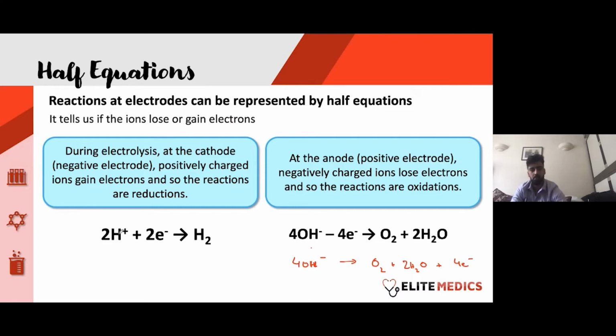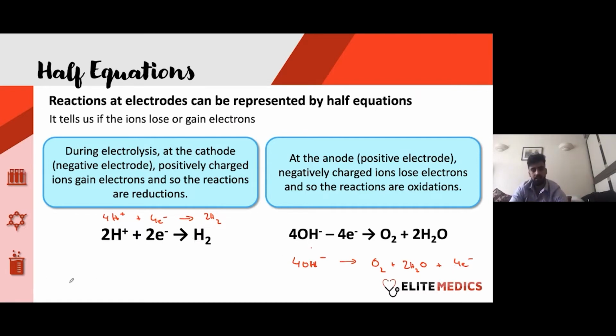So I need to double all of this. So I'd make this 4H+ + 4e- goes to 2H2. And then I can add this to this, because when I add these two together, the 4e- and the 4e- will cancel because they're on opposite sides of the reaction arrow.